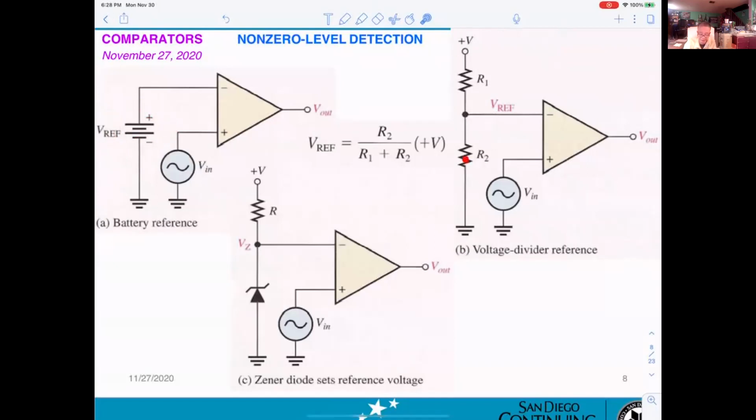They're using 2 resistors to get the V reference here. And this is just a voltage divider. V reference, in this case, will be equal V plus here, times R2, divided by R1 plus R2. Okay, so that's why they compare the input here to whatever voltage reference here. And the last one, they're using the Zener to make a reference.